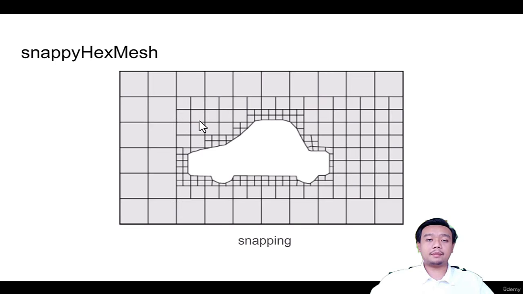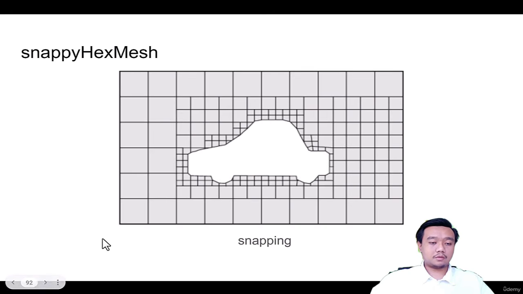And it will be more beneficial if you also understand the grading, which we discussed previously in the blockMesh grading. So before going to this topic, I hope you have already seen the previous topic about blockMesh, because actually the background mesh for this snappyHexMesh is the blockMesh itself.